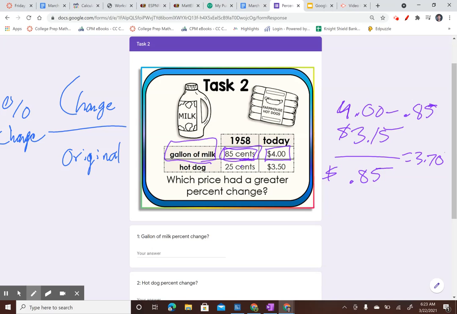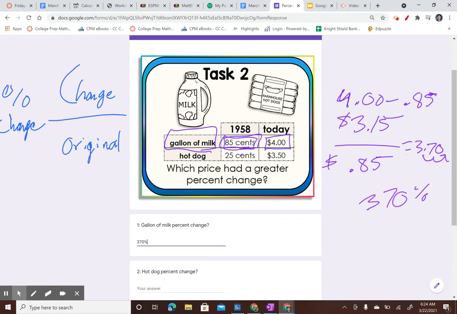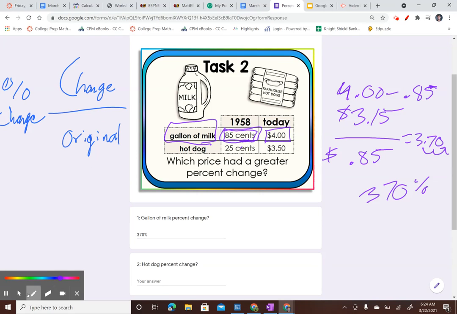Now my percent increase is not just 3.70. I have to multiply this by 100 yet to get into a percentage. So I'm going to move my decimal places over 2 spots. So now it's 370%. So I can go ahead and answer what a gallon of milk percent change is. That was 370%.